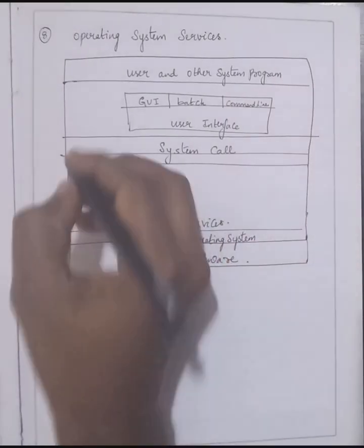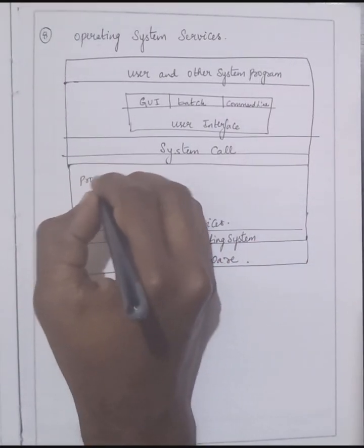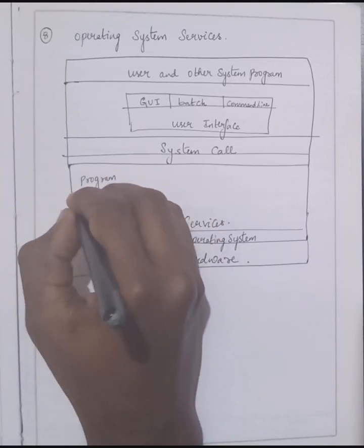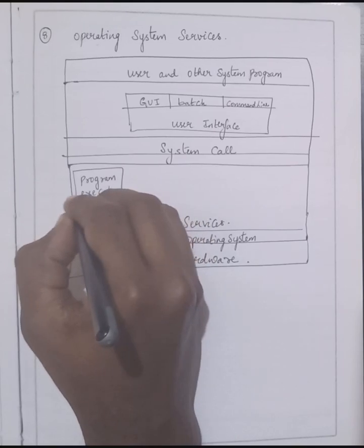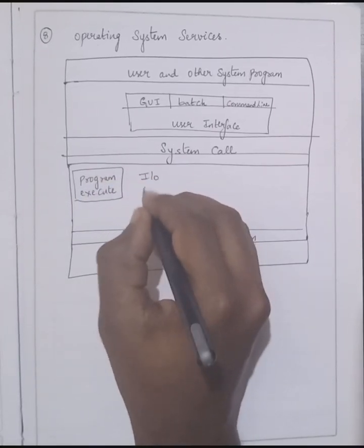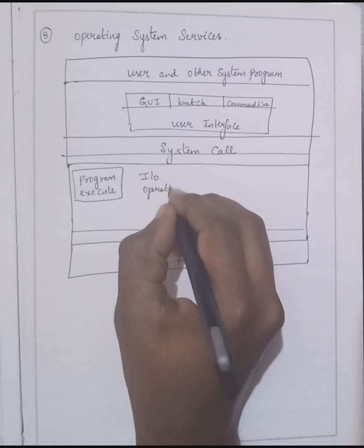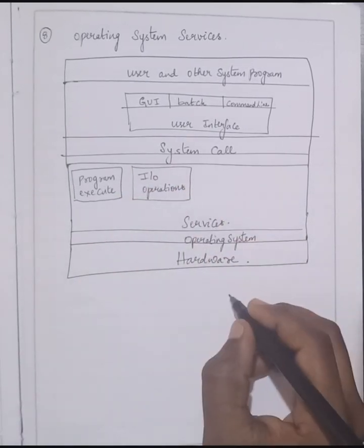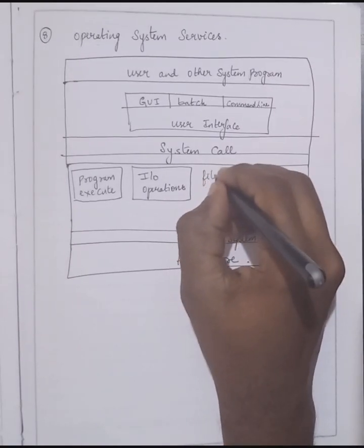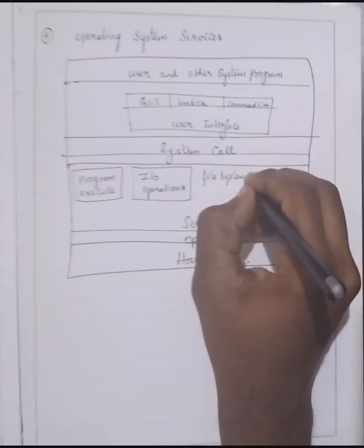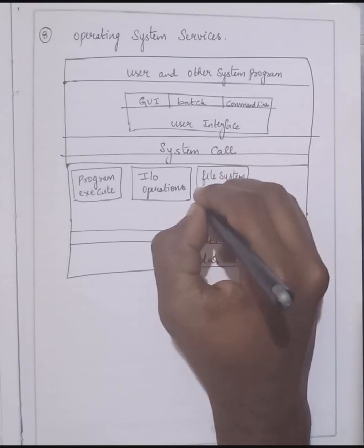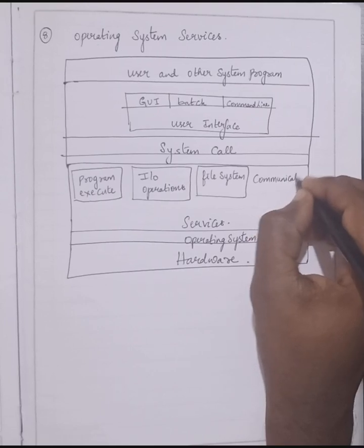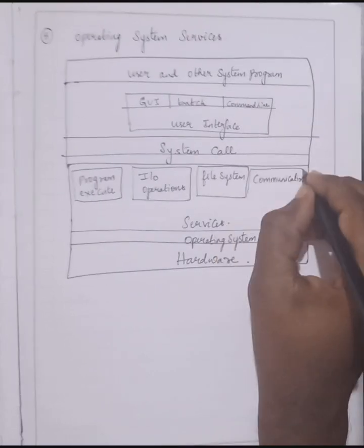So what are the services? The first is program execution: the OS will support us to execute our program. Then input output operation: whenever we want some input output, that operation is also taken care of by the OS. Then the file system: creating, deleting, all management is done by the OS. Then communication between the processes.